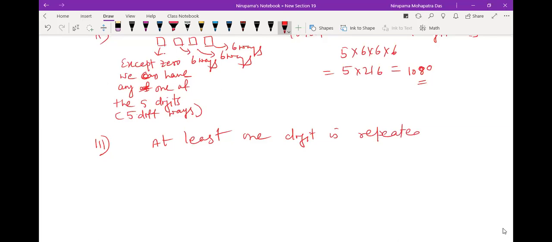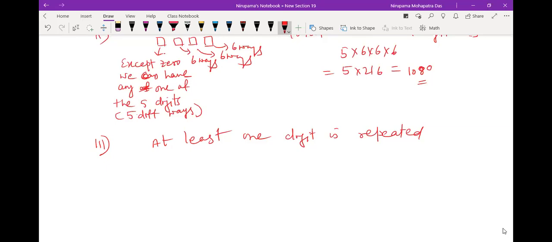At least one is repeated means either one digit is repeated or two digits are repeated or three digits are repeated or four digits are repeated, like this. So if we go on taking cases, first we may write one digit repeated, then two digits repeated, or three, or four, or five digits repeated. We can get so many cases.